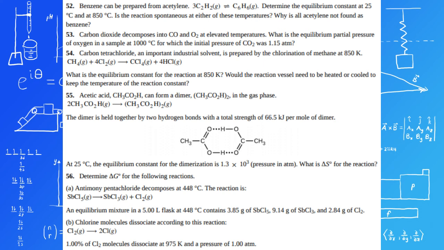Easy enough. If you know the delta H, which is given in terms of the hydrogen bond strength, the 66.5 kilojoules per mole, and you know the temperature and you know the equilibrium constant, you can use that to get delta G, and then use the delta G equals delta H minus T delta S to solve for delta S. Same old equation, just a slightly different use for it.